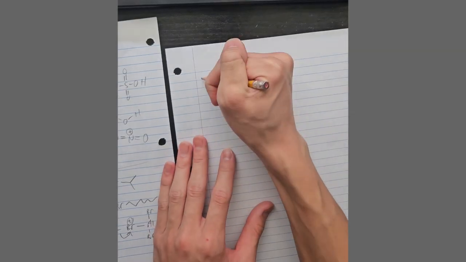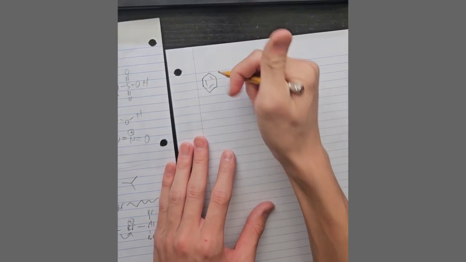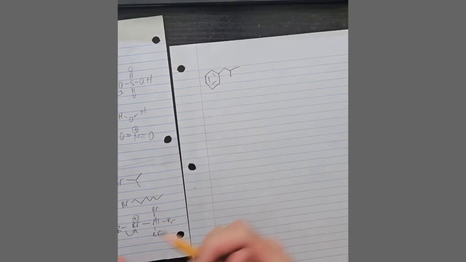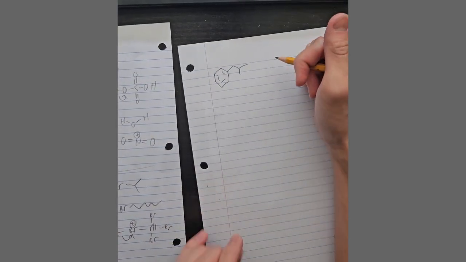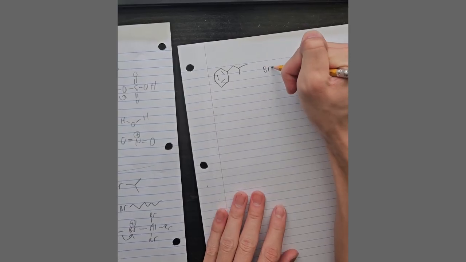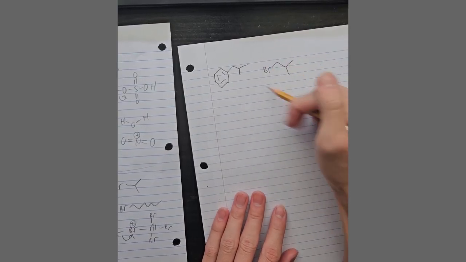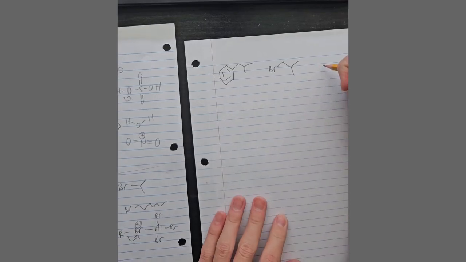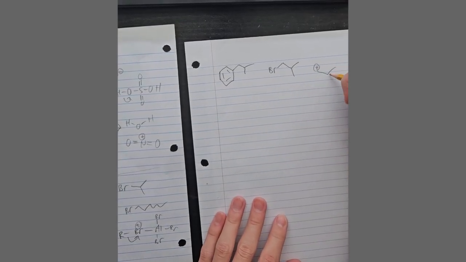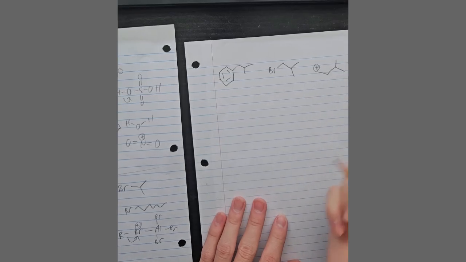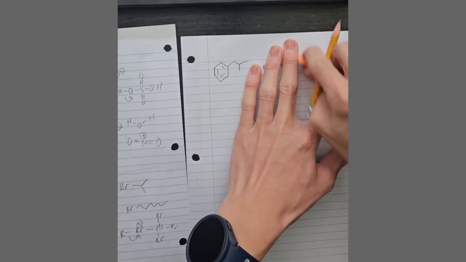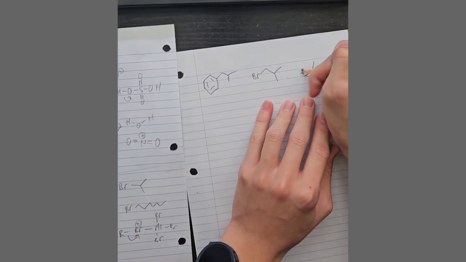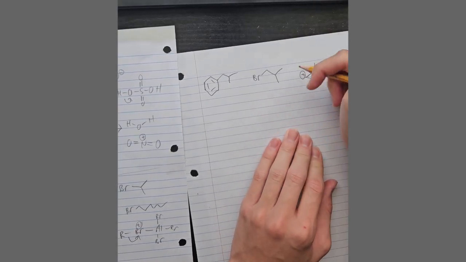So say if you wanted this molecule, isobutyl benzene, it's not quite as simple as that, because if you use this as your reagent, you're effectively going to be making this, which will undergo rearrangements.